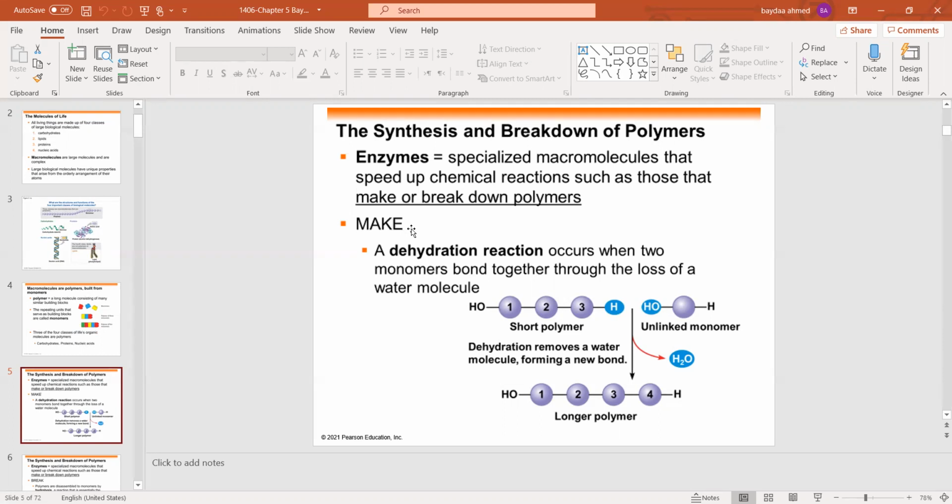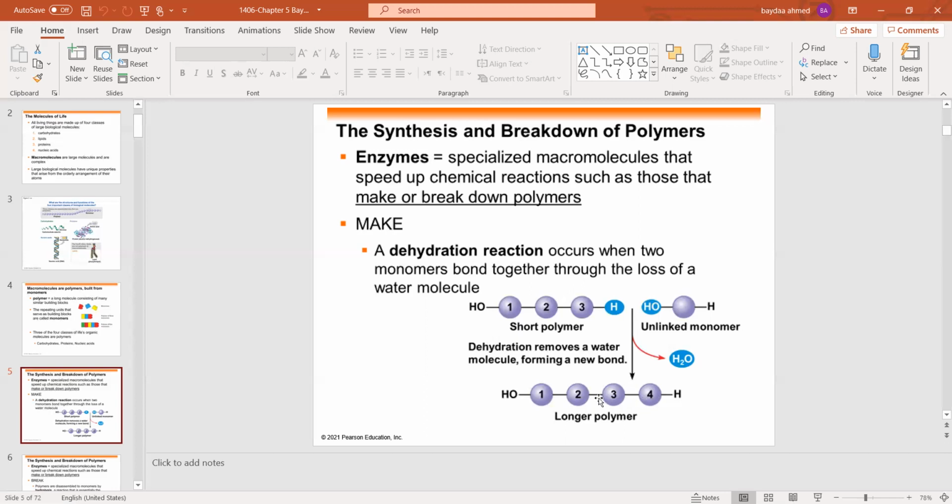In a reaction in which two molecules are covalently bonded to each other with the loss of a small molecule, if a water molecule is lost, it is known as a dehydration reaction. So in this reaction, one molecule of water will be lost or released to form the bond between monomers.